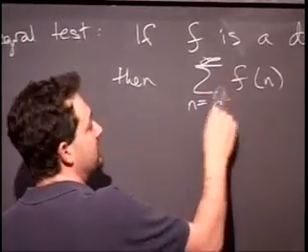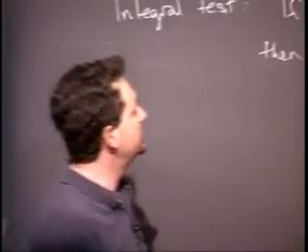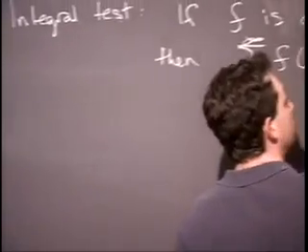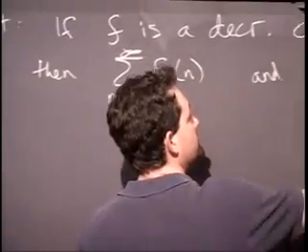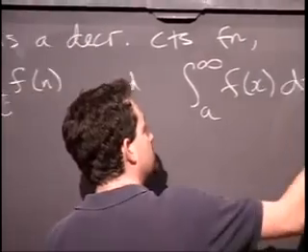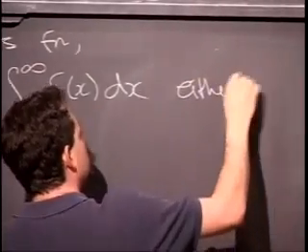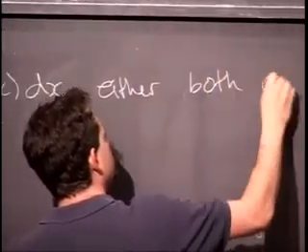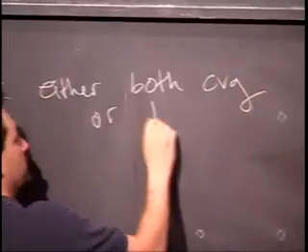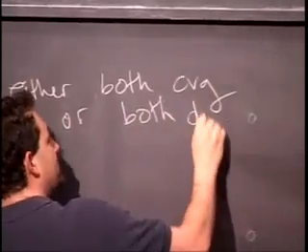Oh, what the hell, I'll call it an a. Then the series and the integral either both converge or both diverge. So practically, whatever the integral does, the series does as well.